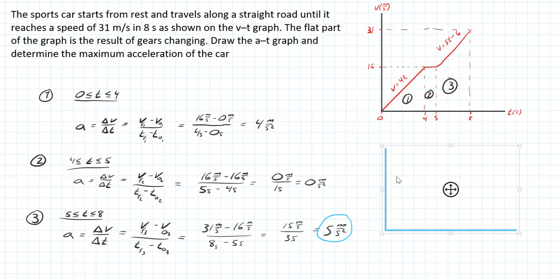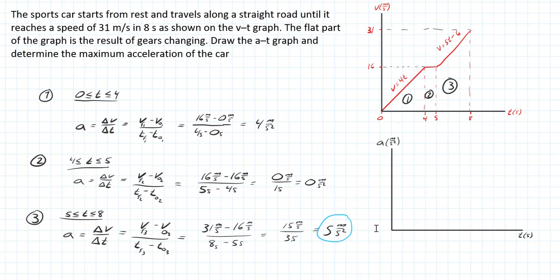Okay, so line everything up. So we know we have here our acceleration. We're going to write this in meters per second squared, and our time is in seconds. So what we have is at 0 seconds, we have 4 meters per second squared, all the way up to 4 seconds.